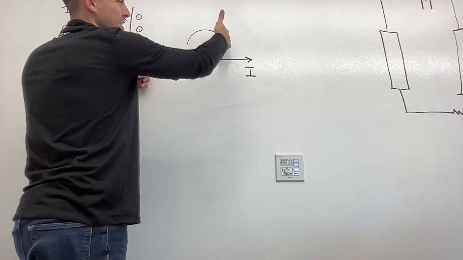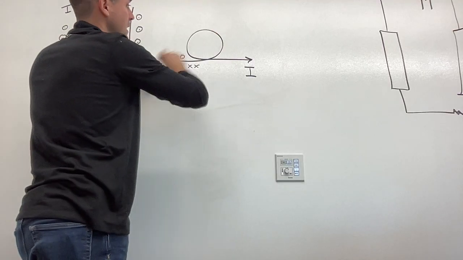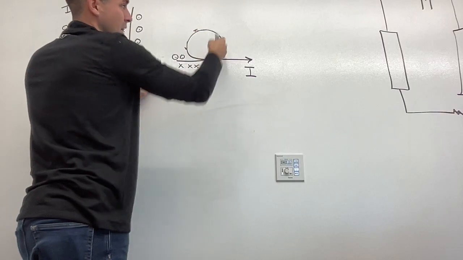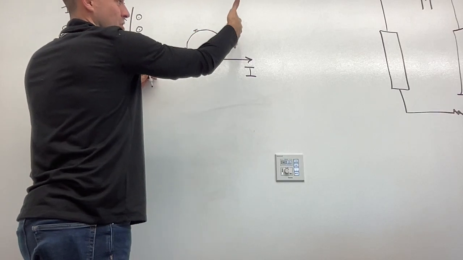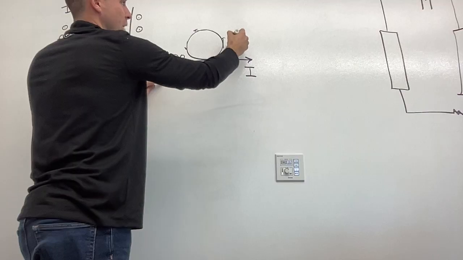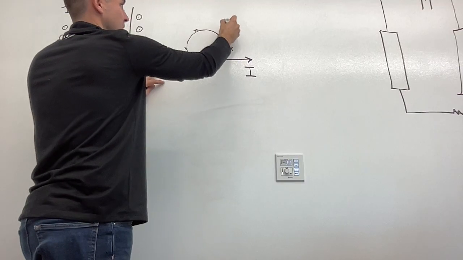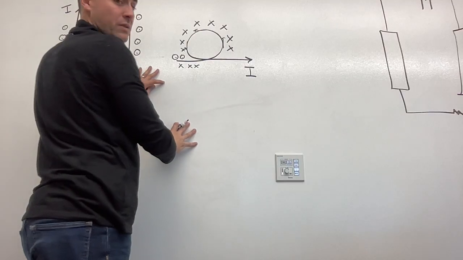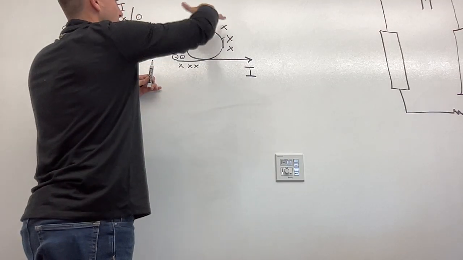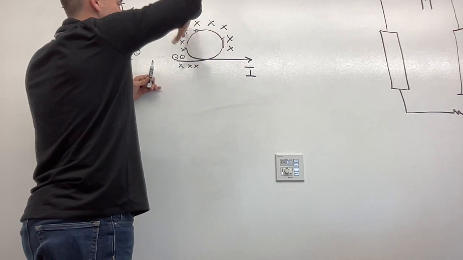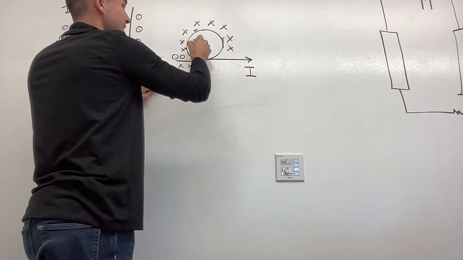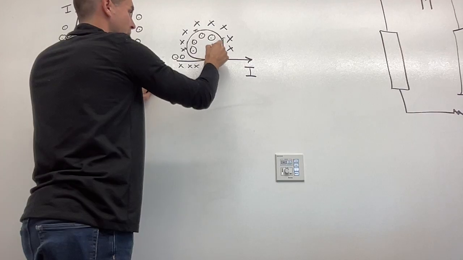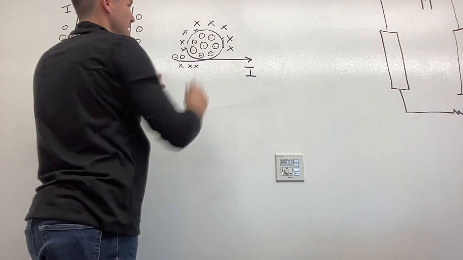As I enter into my loop, you see my thumb. In this case, the current's moving upwards this way, leftwards, downwards. My current moves up, and my fingers are into and then out of. So outside of this loop of wire, my magnetic field is out of the page the whole time, and inside it is into the page the entire time, which means inside this loop of wire, that magnetic field is moving outward at me the entire time.